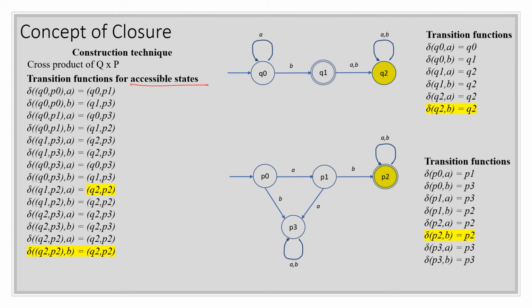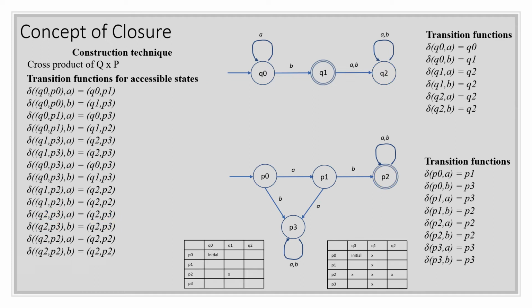So once we've written up all of our transition functions, now we can decide from that if we have our combined states. So we have Q0, P0, etc. Of these combined, the Q0, P0 is going to be our initial state for our DFA. Then we can decide which ones are going to be accepting and which ones are not.